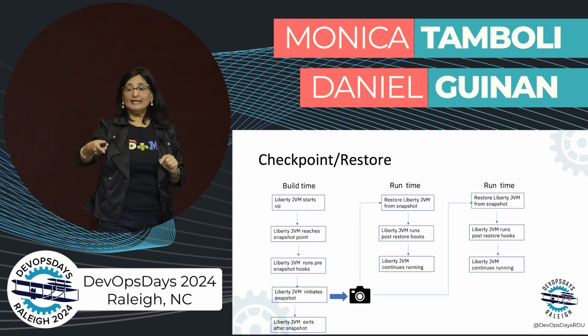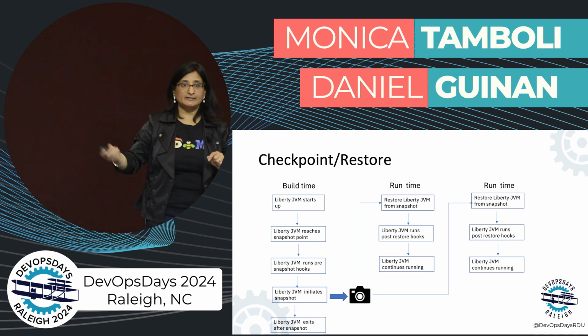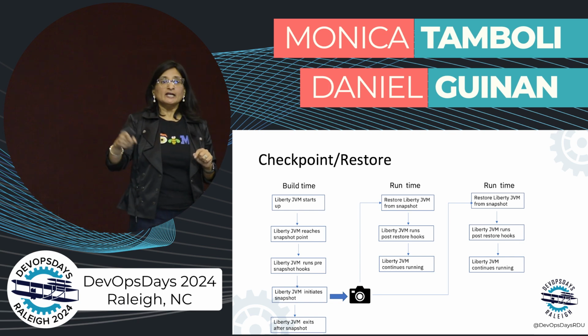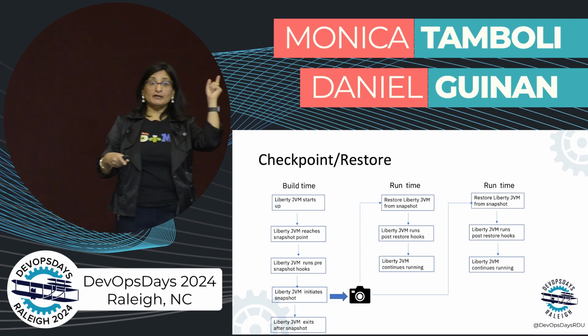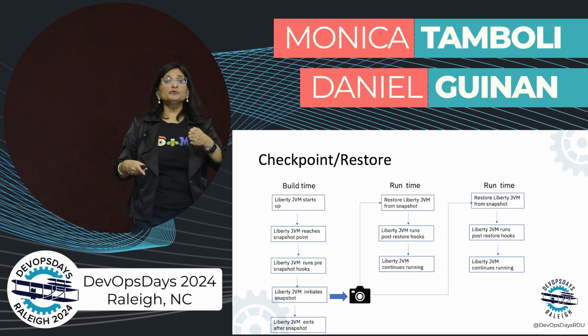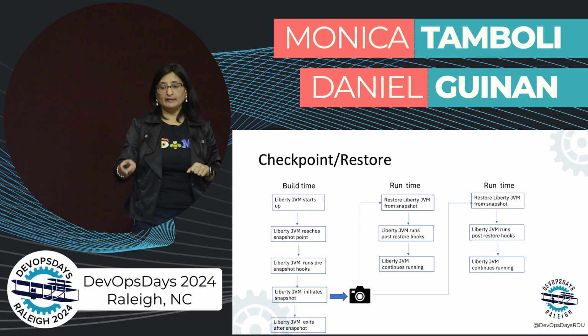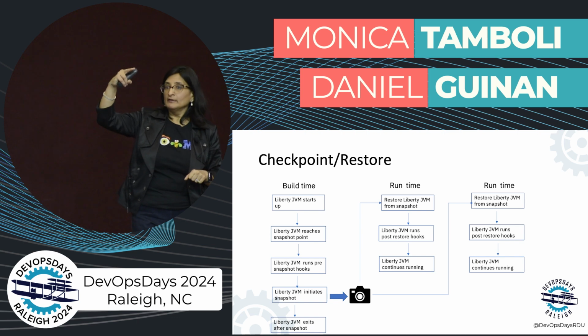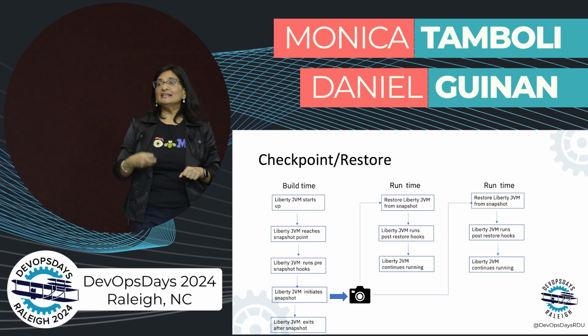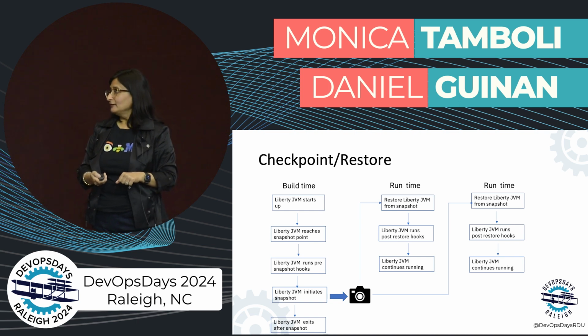Now when you're ready to run this application, let's say you're deploying it to Kubernetes, OpenShift, wherever, instead of using your previous image, you are going to use your checkpointed image, the image which has the layer of checkpoint in it. And if you have multiple pods, all of them are going to start from that point on. So it makes your application start pretty quickly.